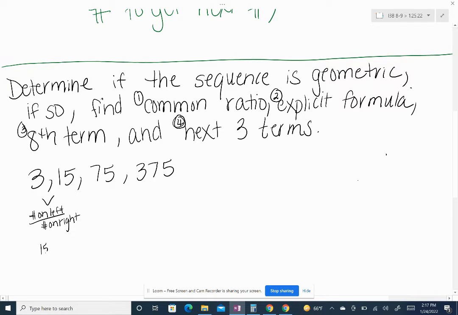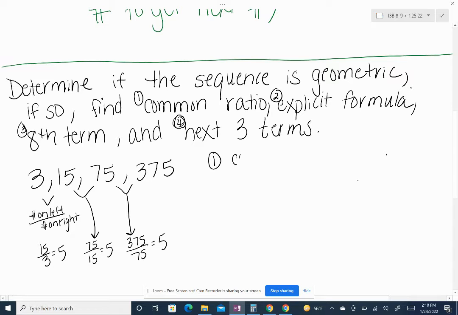For this one, it'd be 15 divided by 3. That gives me 5. This one is 75 divided by 15, gives me 5. 375 divided by 75 gives me 5. So every single time we multiply the next number by 5.